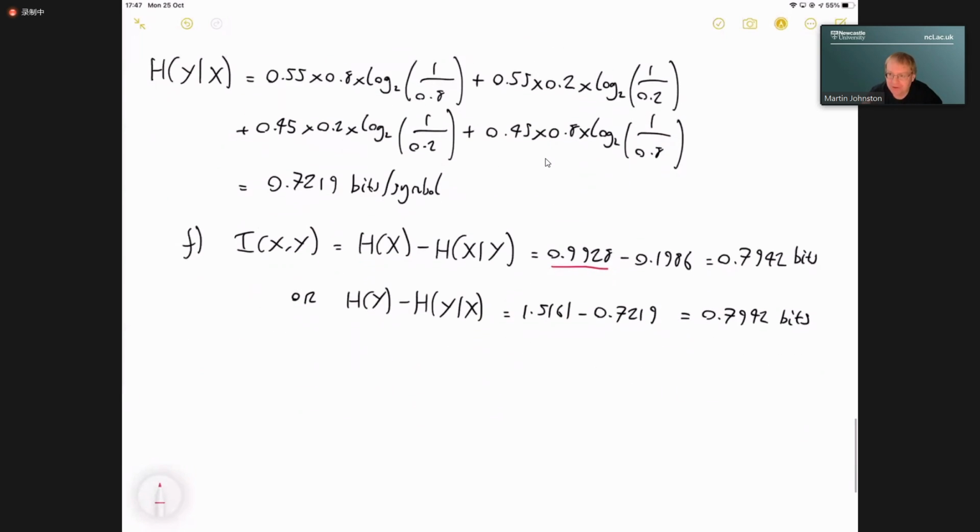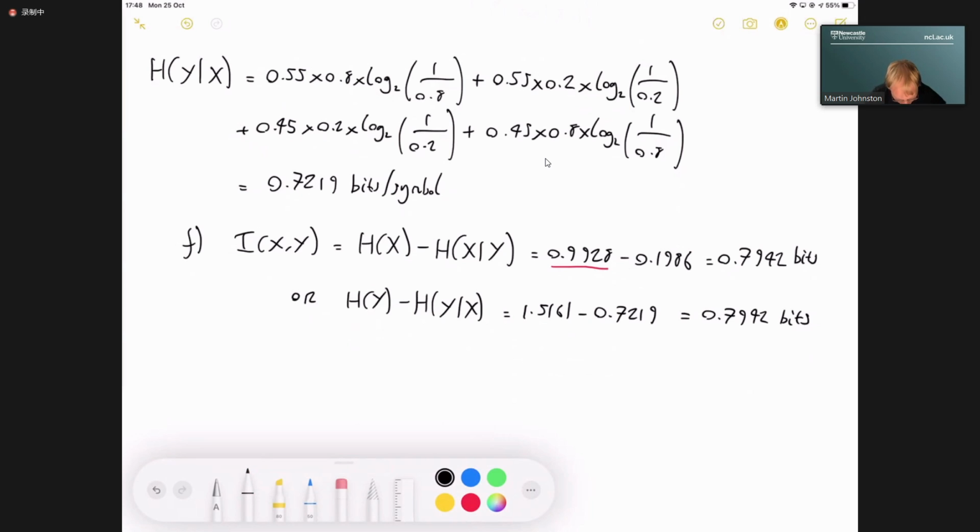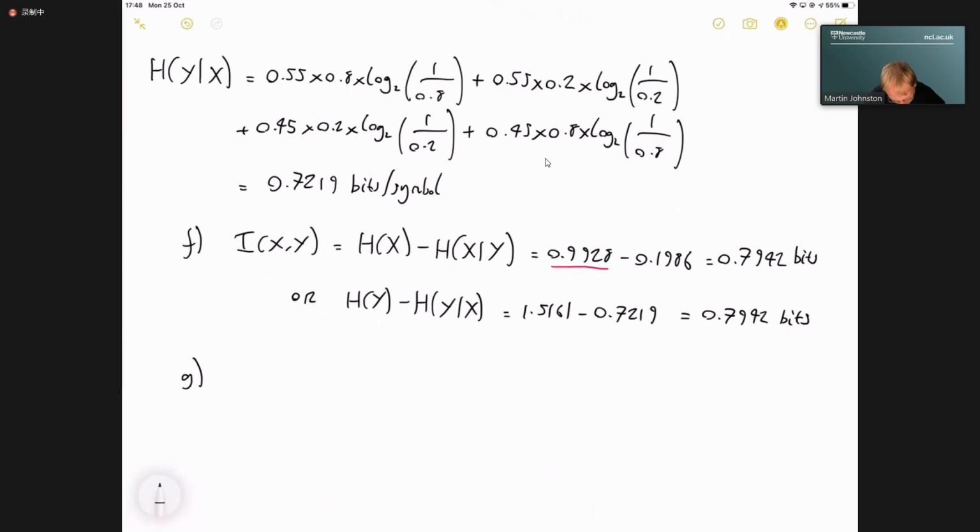So mutual information is a measure of the quality of the channel. Now, the last thing we can calculate is the capacity of this channel. Thankfully, that's a very easy thing to calculate because the capacity of an erasure channel is simply 1 minus P, where P is the probability of a bit being erased.